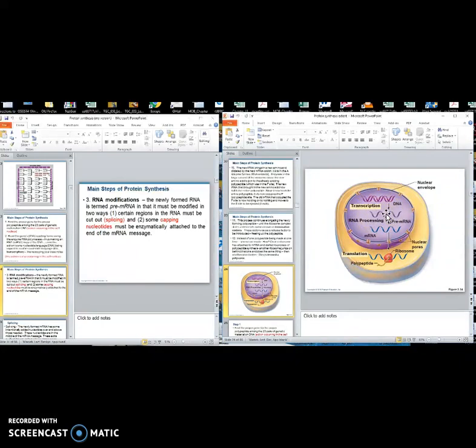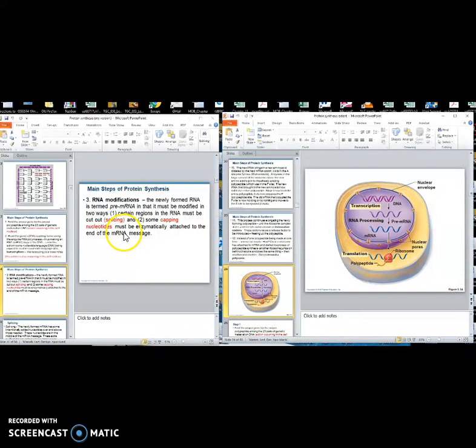The spliceosome I showed you has the job of going in and removing the introns and hooking together the exons, which is a good message. Then it will exit. Now, there still will be some extra pieces at the end that we call the capping units, but at least the message on the interior is good and clean. But the capping units will still be at the end here.